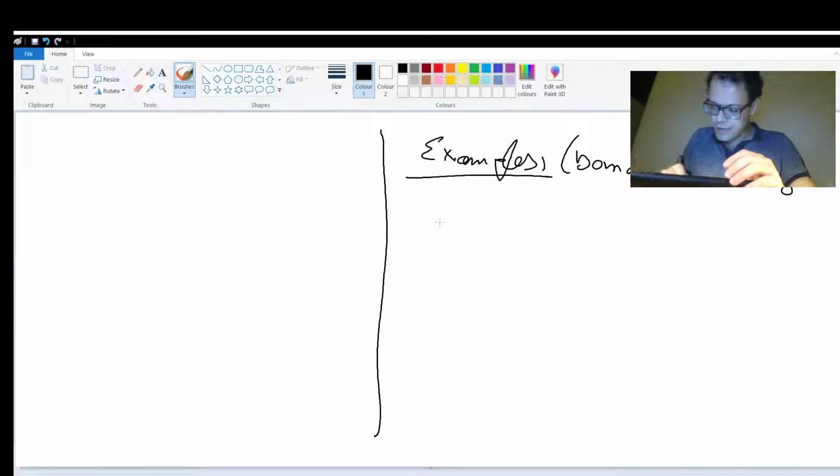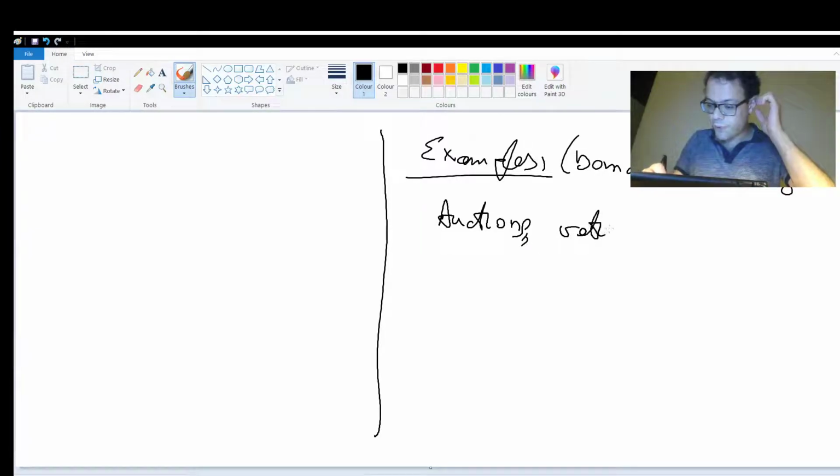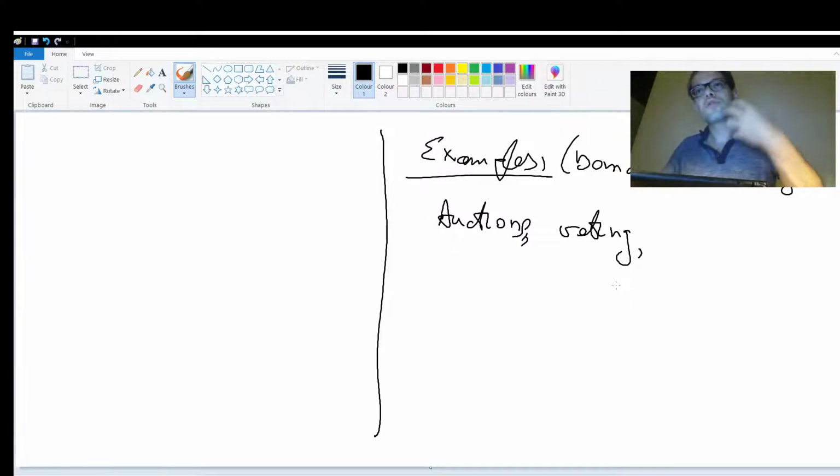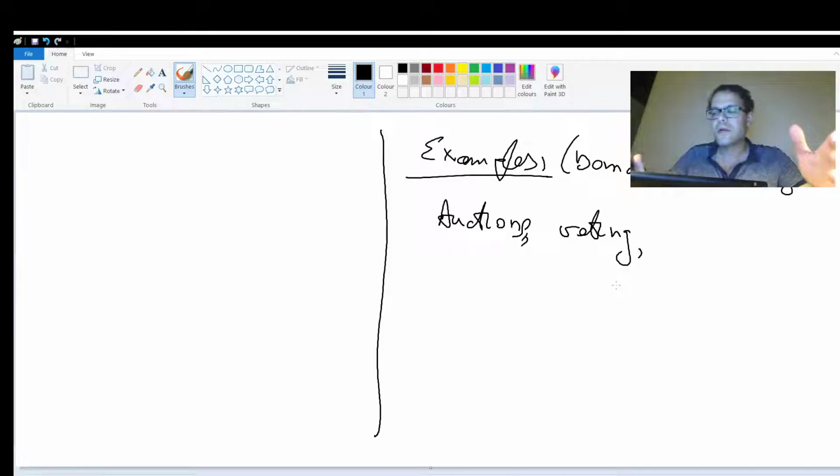So the domains of study can be auctions, and auction theory is a very broad theory, so it's definitely a very broad thing. Auctions, it can be voting, which voting system will motivate people to vote honestly, and not saying, I just want that person, but that person will not win anyway, so I will just vote for someone else.